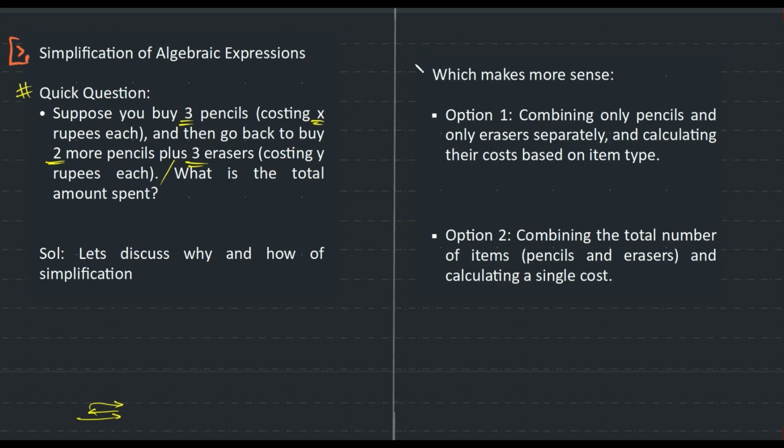So let me put it across to you guys in this way. I'll give you a bunch of options and let me know which makes more sense to solve such a question. Option 1: combine only pens and only erasers separately and calculate their cost based on item type. Or option 2 is combine the total number of items and calculate a single cost.